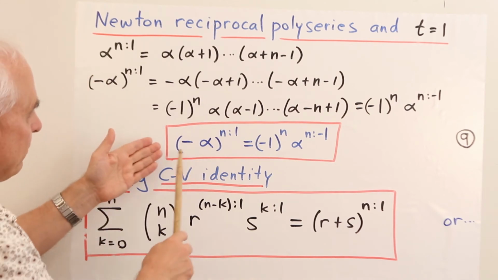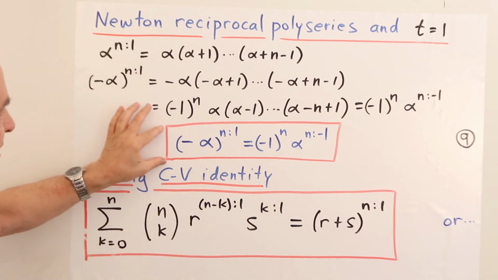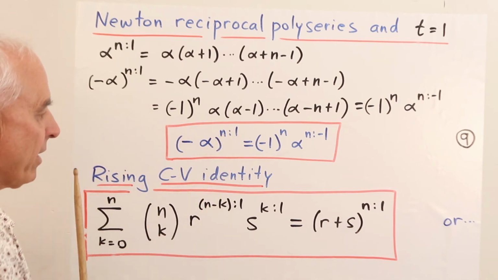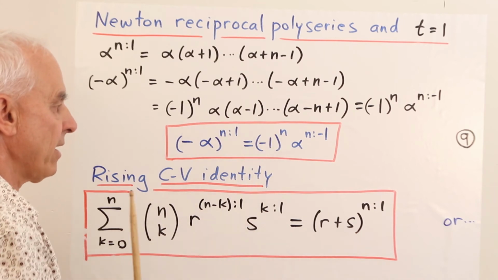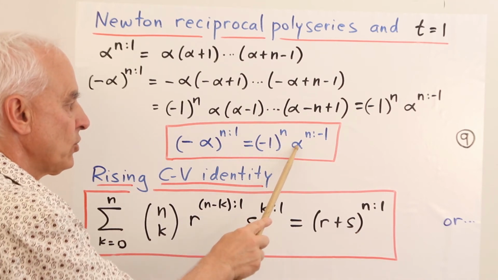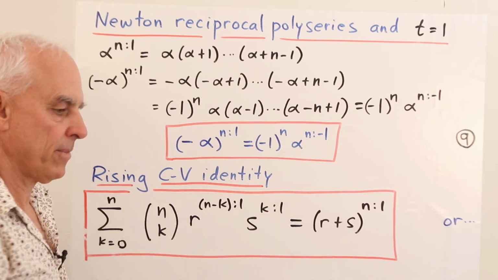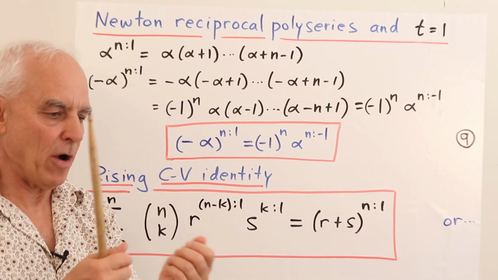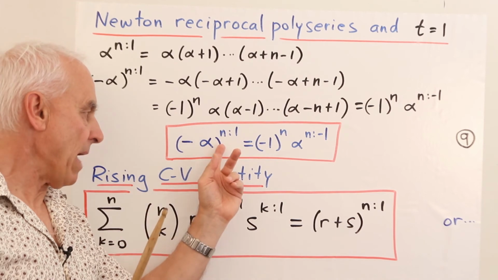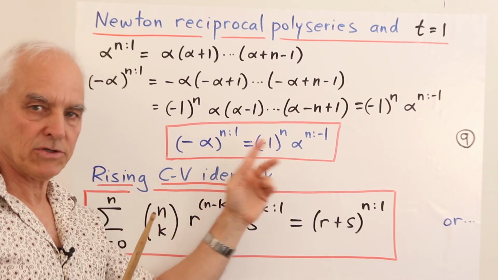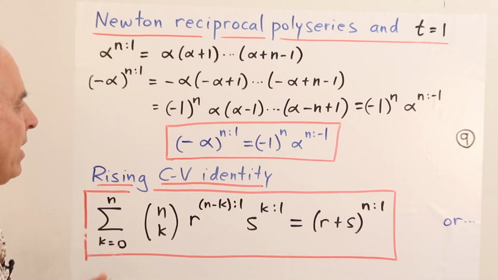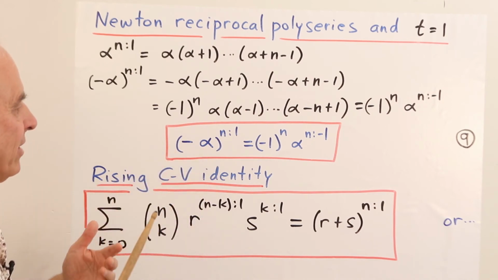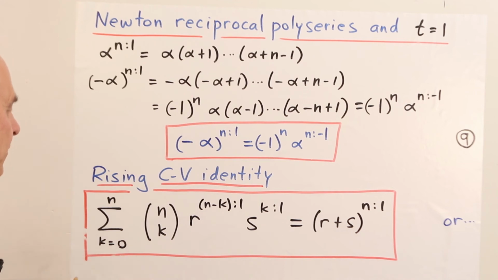So we can reformulate this identity, summarize it here, that minus alpha to the n colon 1 equals minus 1 to the n times alpha to the n colon minus 1. So this is a way of going from falling powers to rising powers, or vice versa, at the expense of introducing a negative sign in here.